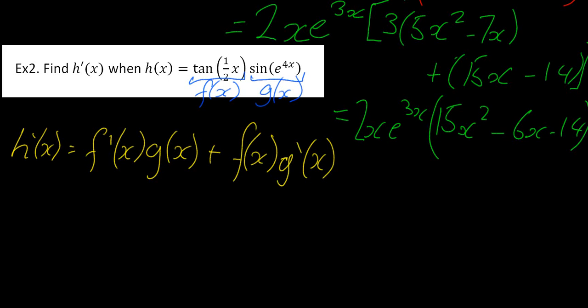Okay, so this means that when you evaluate h dash, then we're going to take the derivative of the first one here, tan of half x. So to do this, remember that the derivative of tan is going to be cosine squared of the angle inside the bracket.